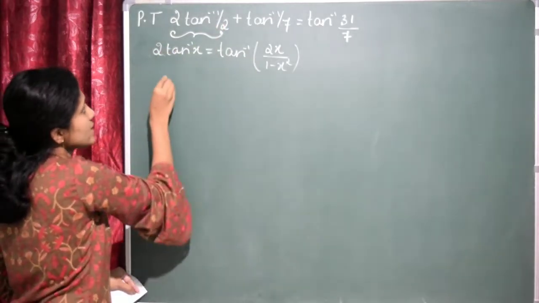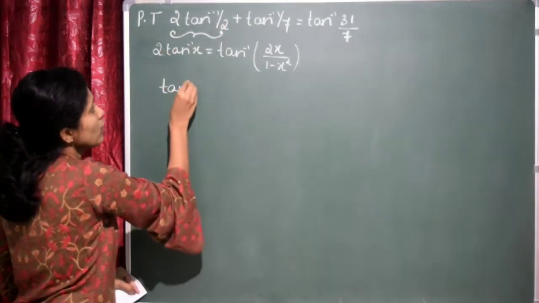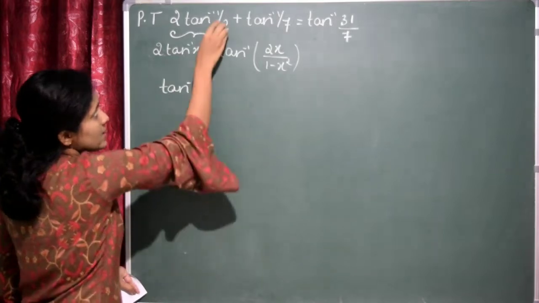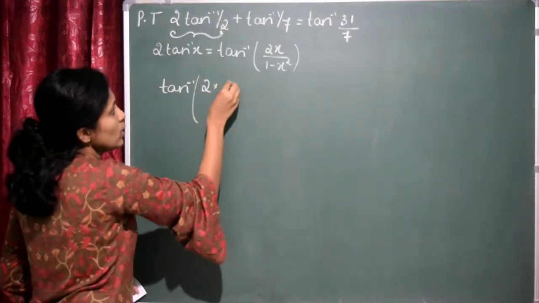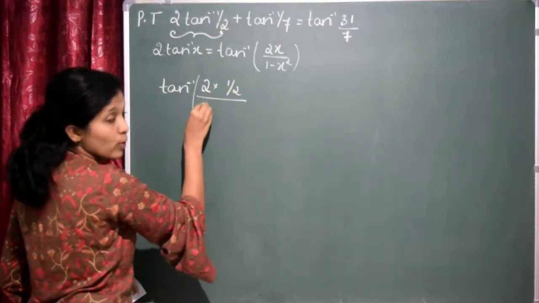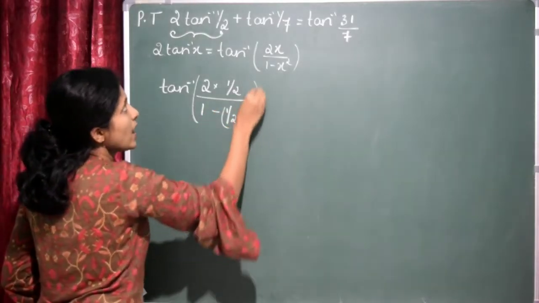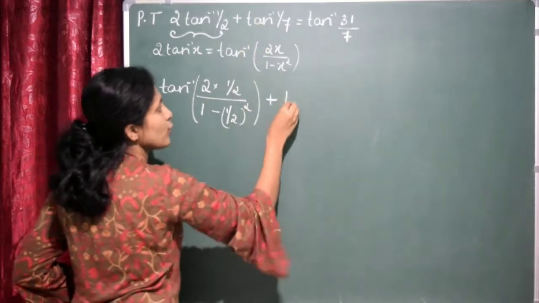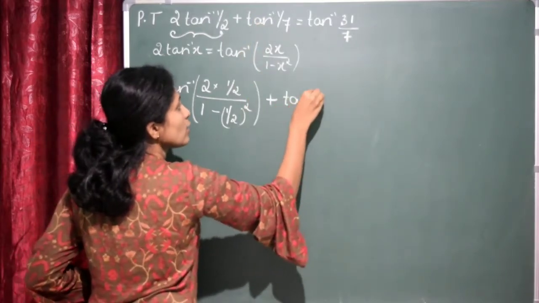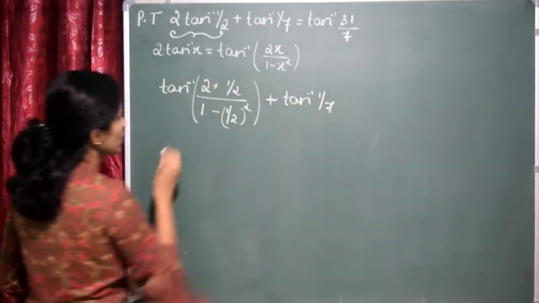Now this can be written as tan inverse of 2 into, x is here 1 by 2, so 2 into 1 by 2 divided by 1 minus x square, which will be 1 by 2 whole square, plus tan inverse of 1 by 7 as it is. Now we can simplify this one.